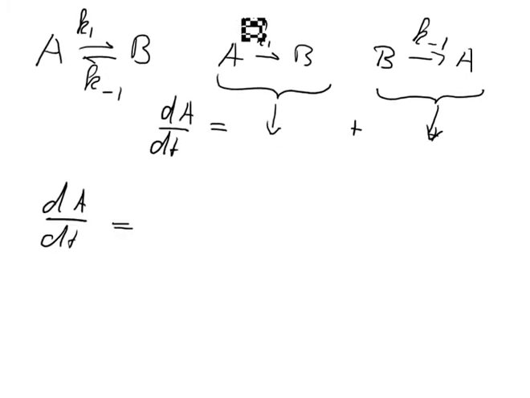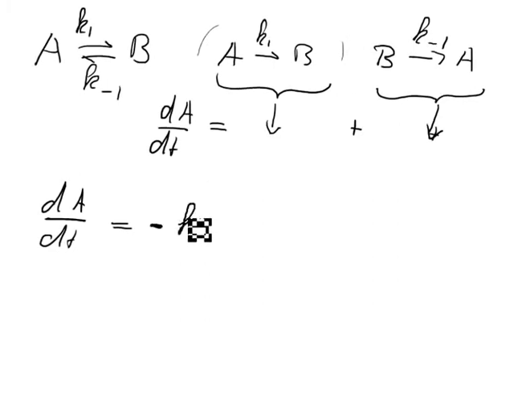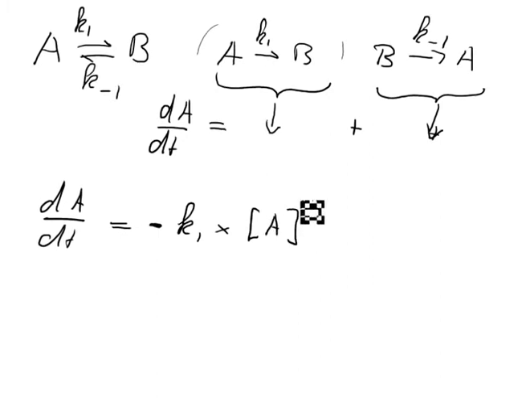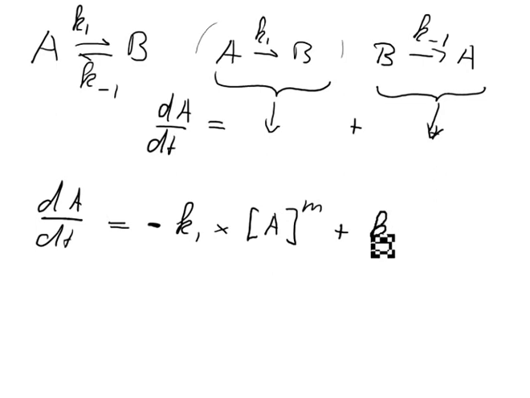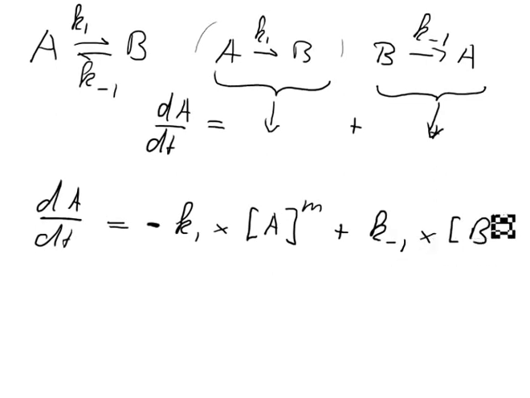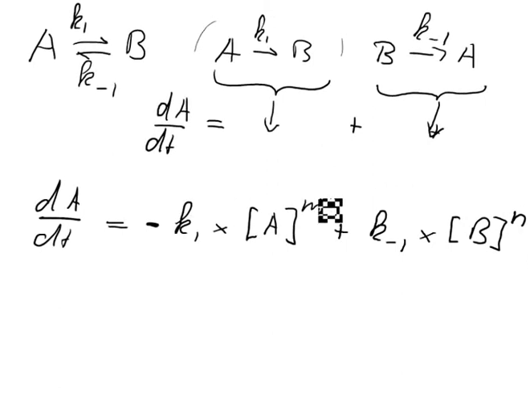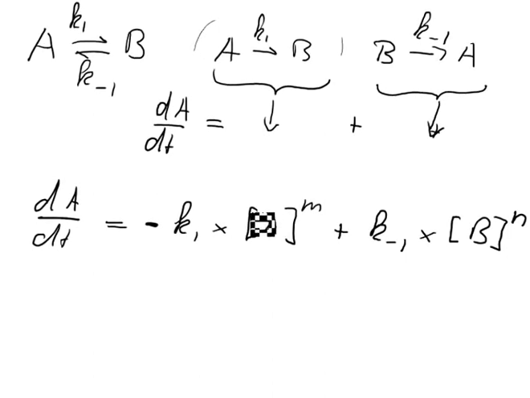equals, looking at this part here, minus K1 times A to the power of M, so that's the concentration of A, plus, now in this case A is produced, so plus K minus 1 times the concentration of B to the power of, let's call it N. Very often these M and N coefficients are 1, but they don't have to be.